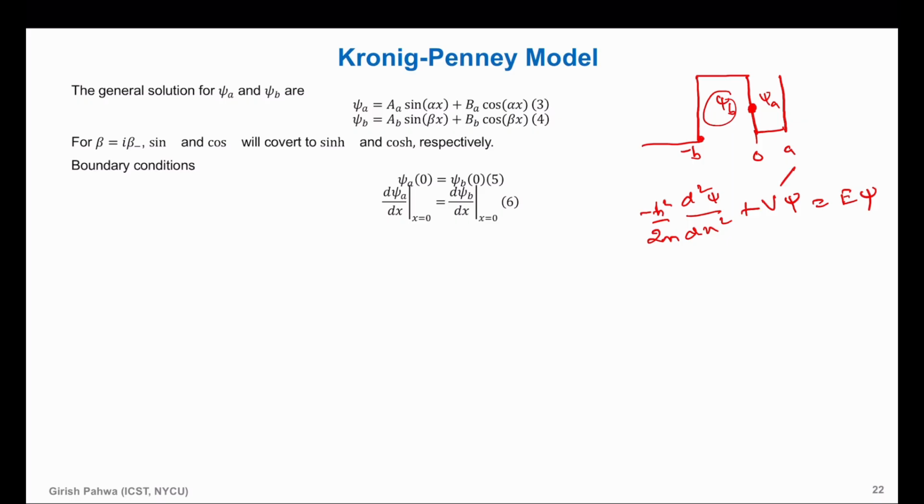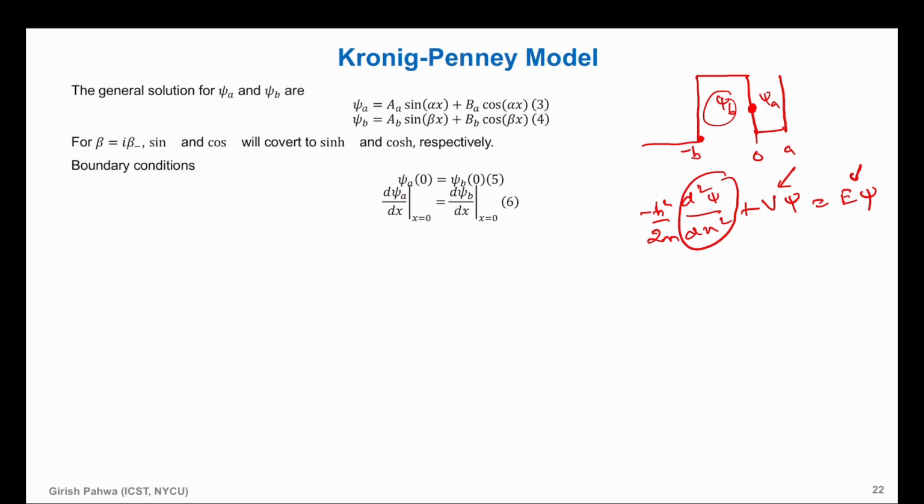Now if my V is finite, and E is also finite, then d2 psi by dx square will also be finite. Correct? What is d2 psi by dx square? It is minus (E minus V) into psi into 2m by h bar square. So if everything is finite, d2 psi by dx square will also be finite.